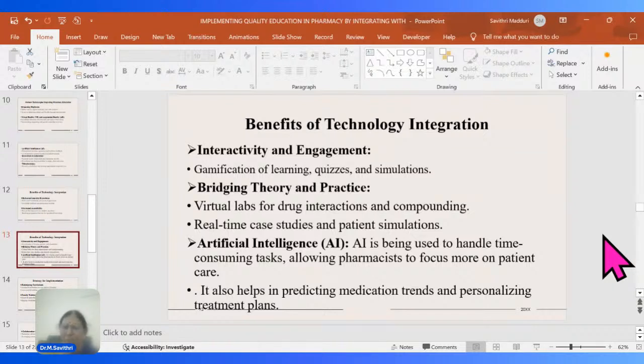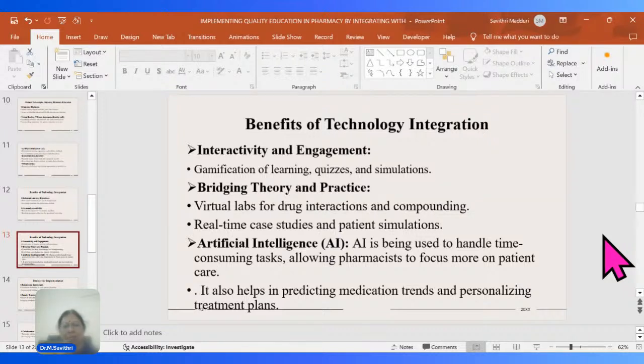Similarly, nowadays, in every part of our pharmacy profession, we need to prepare so many documents. If we use artificial intelligence here, we can easily handle them and reduce the time consumed, allowing pharmacists to concentrate more on patient care, or we can concentrate more on preparing the gamification, quizzes, and simulation, and students will also be interested and participating.